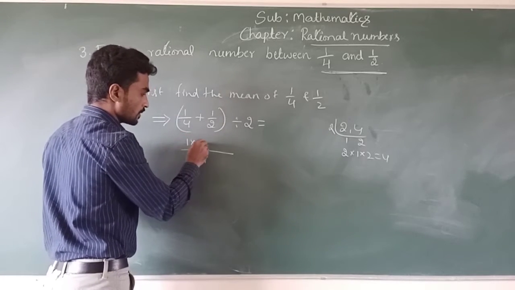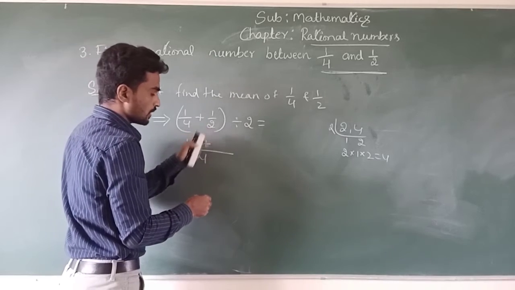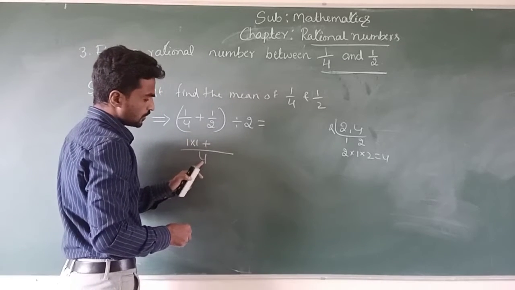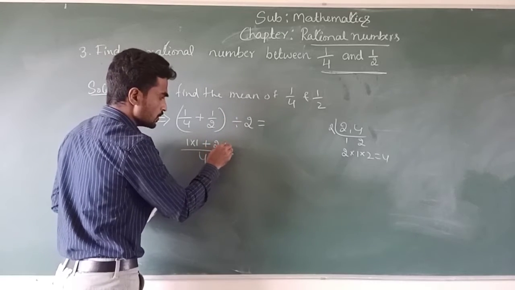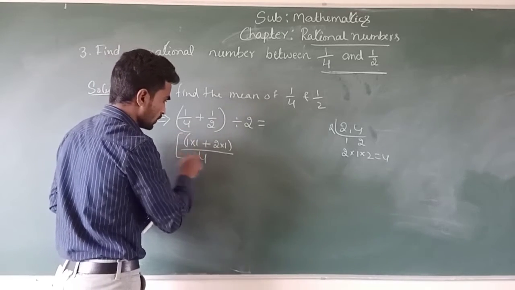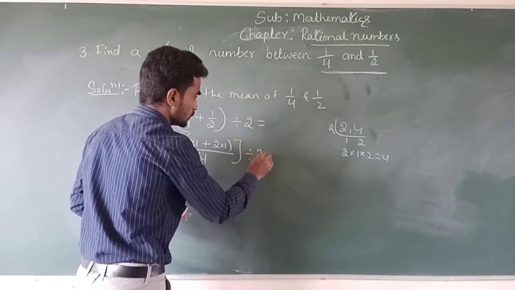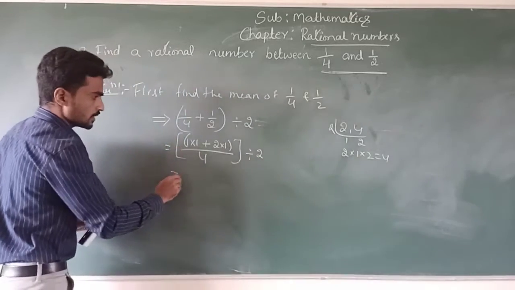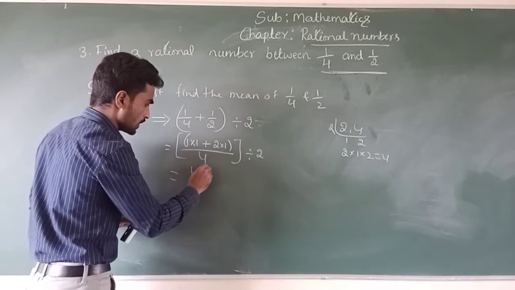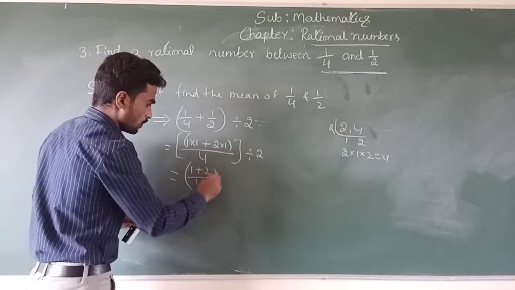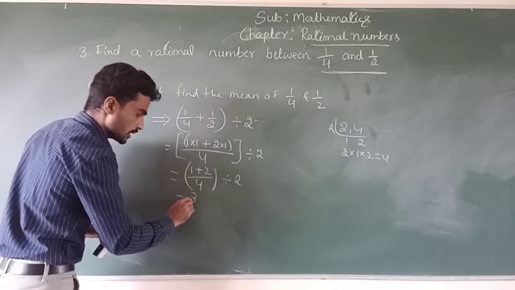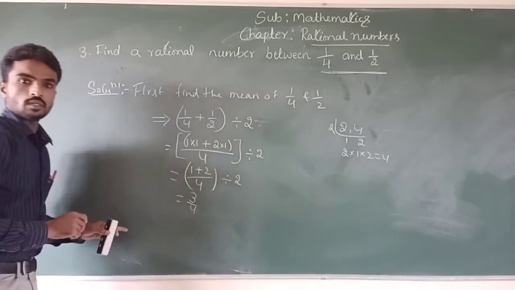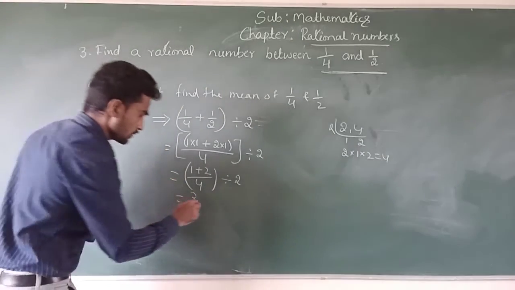And 4 divided by 2 we get 2, 2 into 1. So 1 plus 2 over 4, divided by 2. That is equal to 3 by 4, divided by 2.